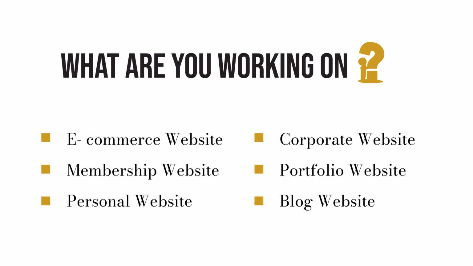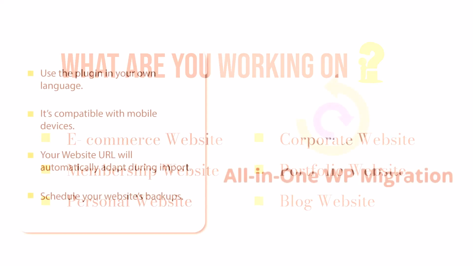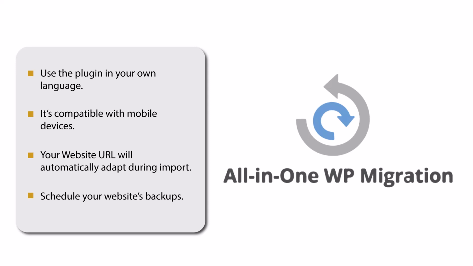So in this video, I'm going to show you my 3 plugins that I always install whenever I'm building a new website. So the first one is called All-in-One WP Migration. If you guessed what WP means, it could be WordPress, who knows. So technically what this plugin does is it helps you back up and restore your website.